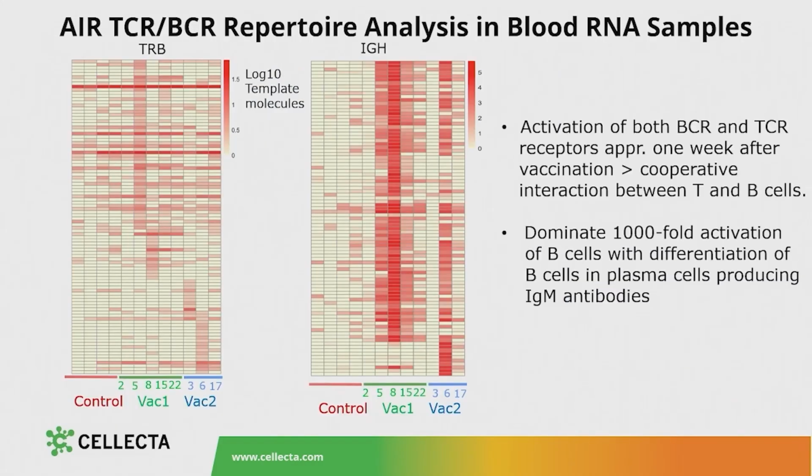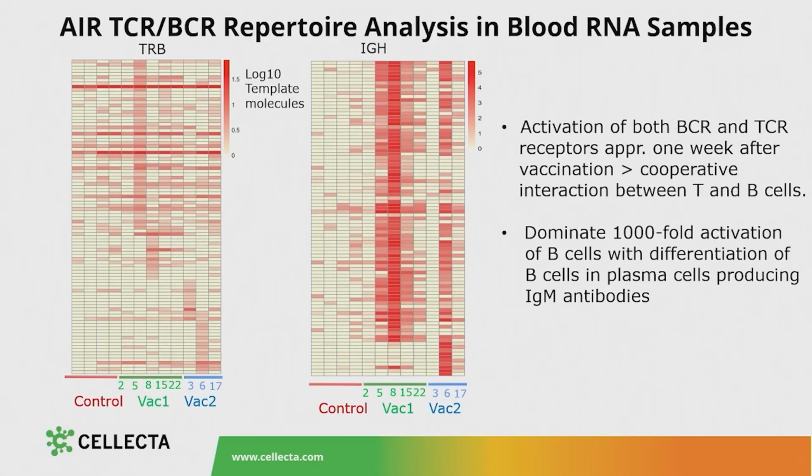If you do the immune repertoire assay for the same samples, you can see here in the center the B cell responses, the IgH, the heavy chain of immunoglobulins. At the same time, approximately 1 week after vaccination, you can see strong activation of approximately 100 different clonotypes for the B cell receptor, and a smaller, similar number of clonotypes for the Shingrix vaccine.